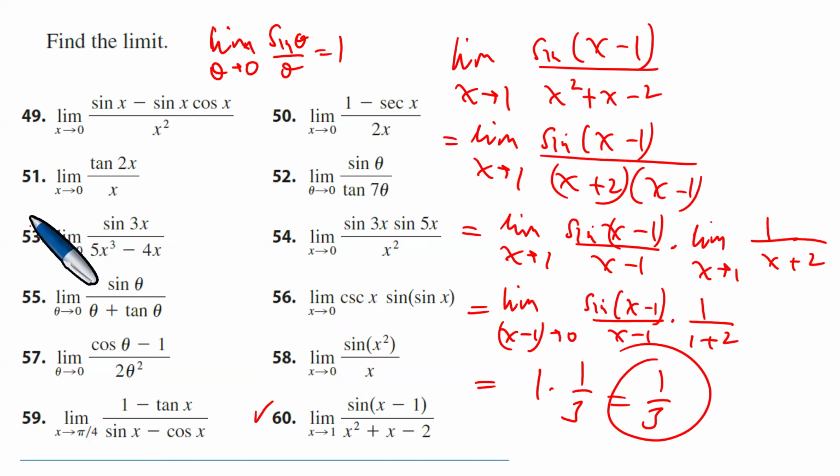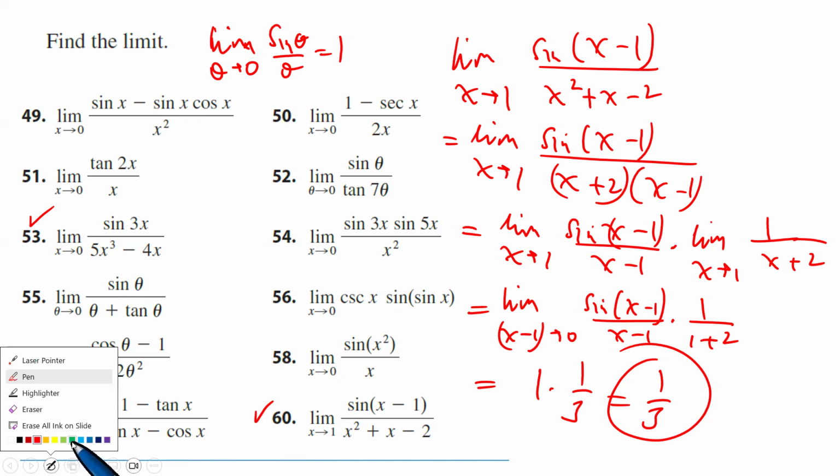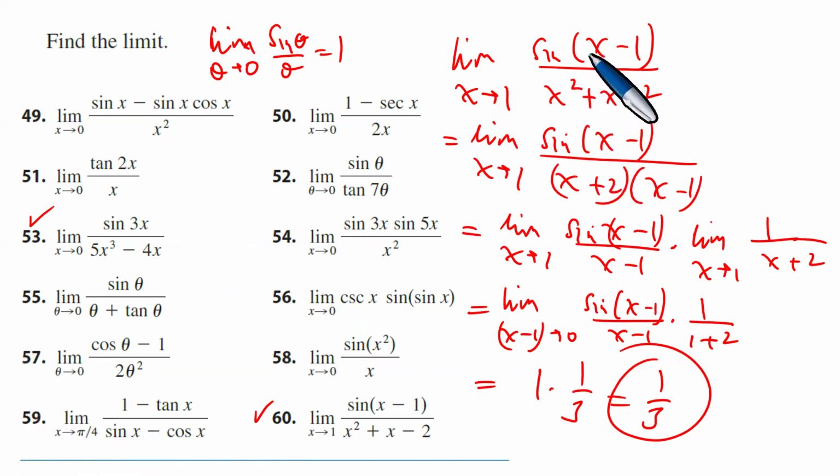Try 53, please, and let us know when you're done. Okay. 53, yeah. Okay, this one you can also use L'Hopital's rule. We can just do it very short, because a careful look at this shows that 1 minus 1 is 0, and the denominator is 2 minus 2 is 0. So it's of the 0 over 0 form, and this is the limit.